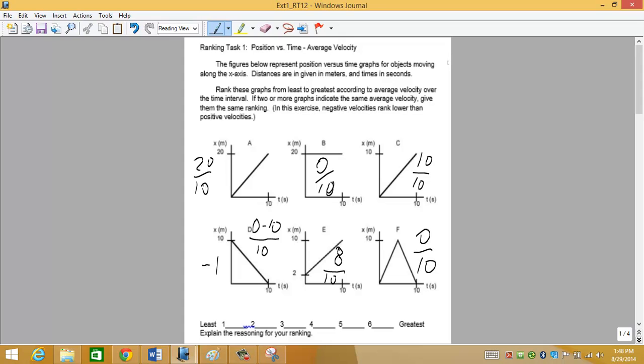So if I'm going to rank these, least would be situation D. Because remember that's negative. And negative is smaller than 0. So both B and F had average velocity of 0. That would come next. Notice that E has an average velocity of 0.8, so that's going to be next.